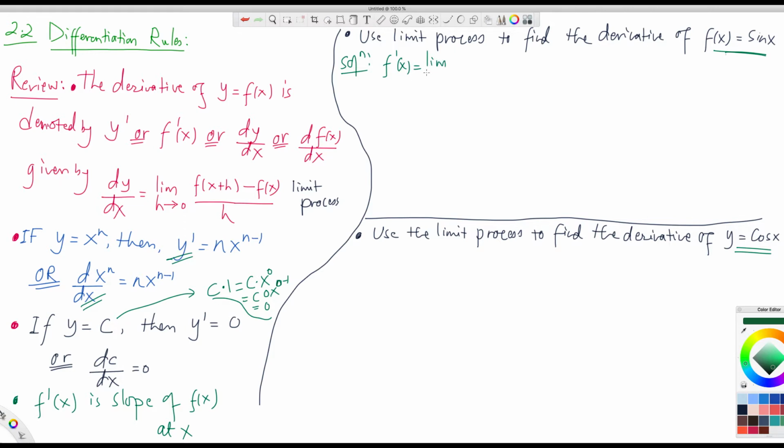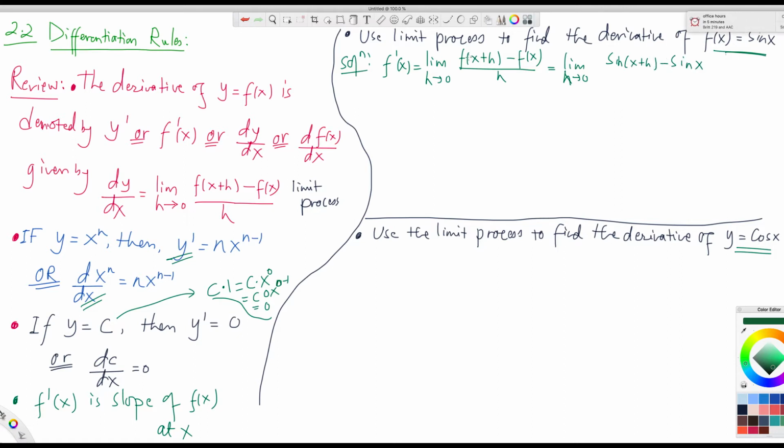The limit as h tends to 0 of f of x plus h minus f of x, and then divide by h. Now what is the value of f of x plus h? It will be x replaced by x plus h. You will have sine of x plus h minus sine x.